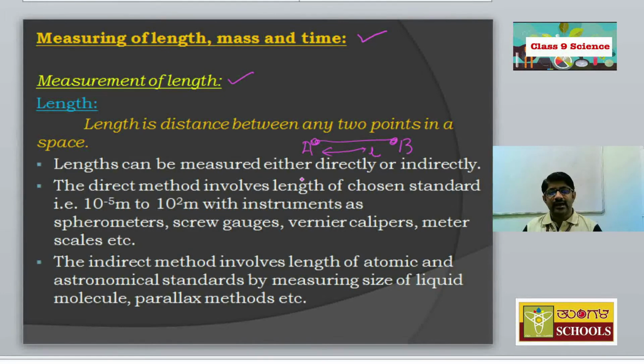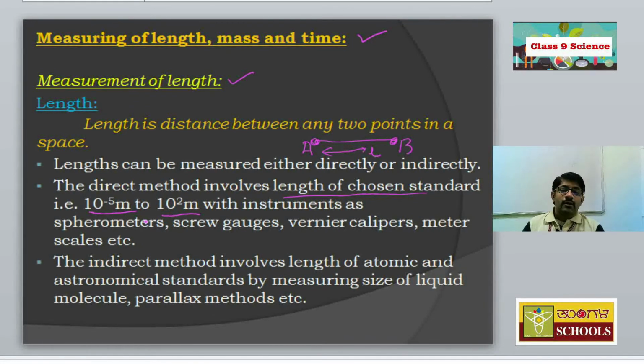Lengths can be measured either directly or indirectly. There are two ways in which lengths can be measured. The direct method involves the length of chosen standard, that is in the order of 10 to the power minus 5 meter to 10 to the power 2 meter.